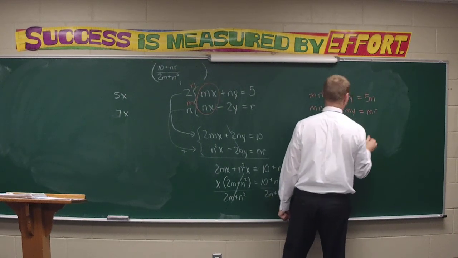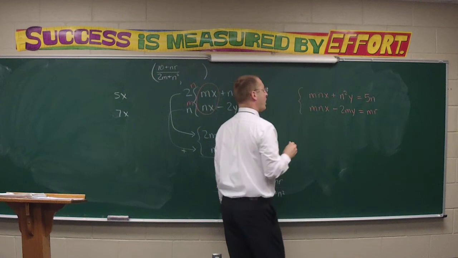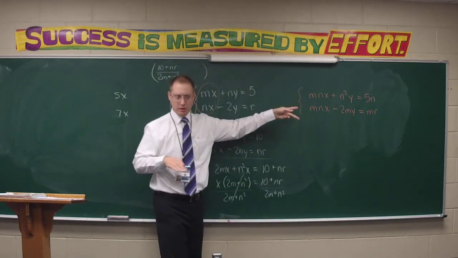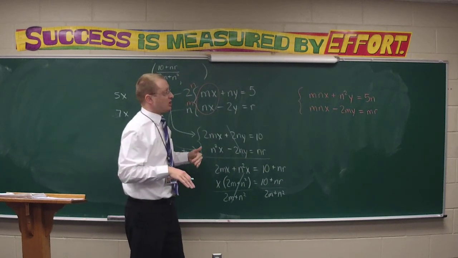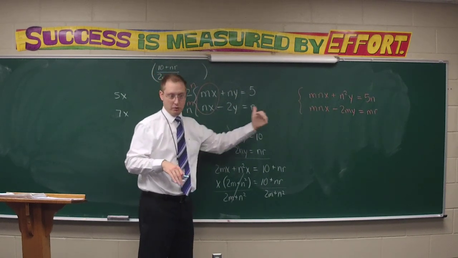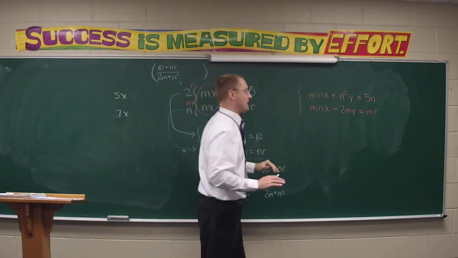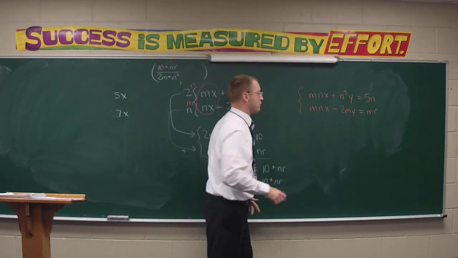Or mr, if we're doing alphabetical order here. Now, unfortunately, my mx terms are not going to cancel, are they? My recommendation here is to almost always put the negative through the bottom. Unless there's a lot of negatives in the top that you want to turn into positives, for your sake, it's generally best just to put the negative through the bottom equation.